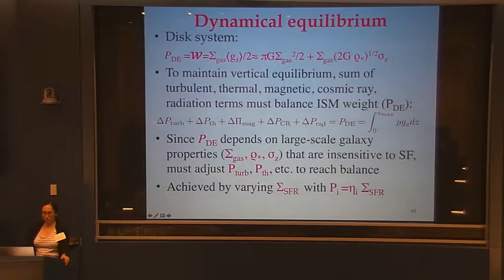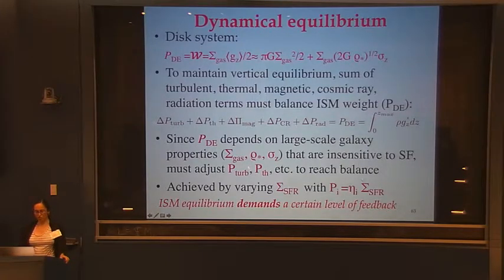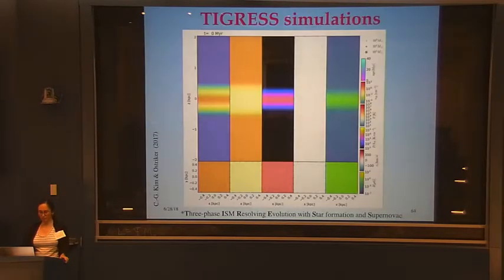And that pressure is composed of a bunch of different terms that I discussed. What this is saying is that since these individual pressures are related to star formation in this way, the star formation has to come to the table sufficiently to balance this gravity. So this is saying ISM force equilibrium actually demands a certain level of feedback.